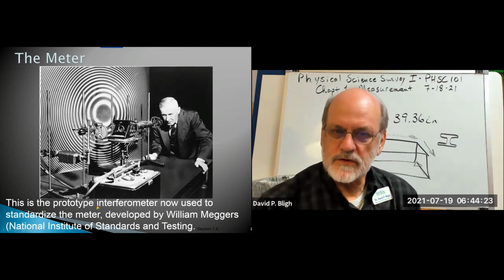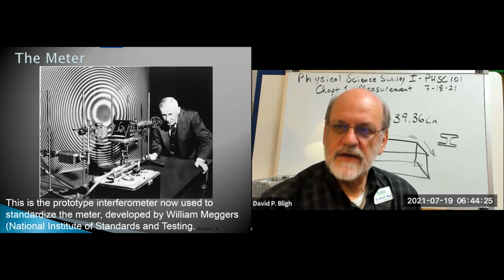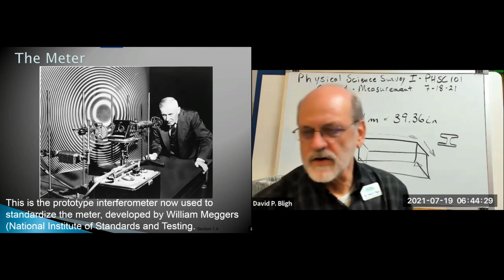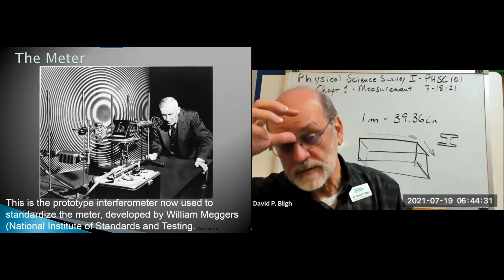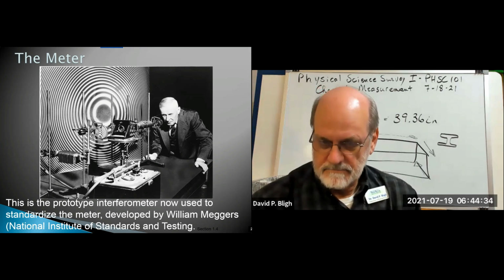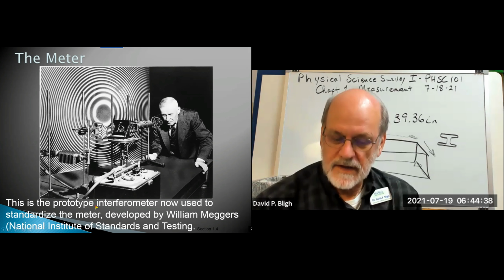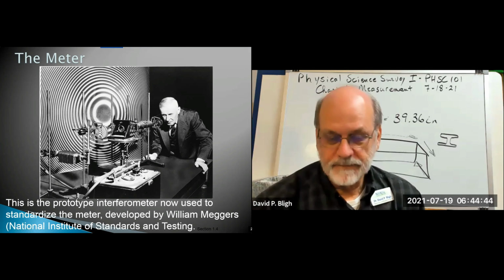He used what was known as an interferometer. Now, I'm not going to go into how an interferometer works, but it was tested and successfully duplicated the standard meter. Right, so now we have a way to do it anywhere we want.